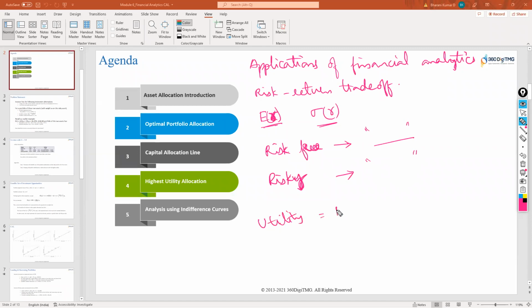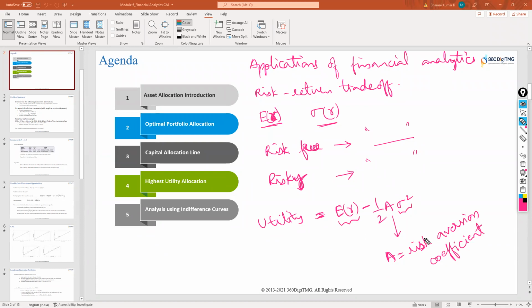The utility function was given as expected return minus half A sigma square, where A is called the risk aversion coefficient. Expected return is the money that you get.